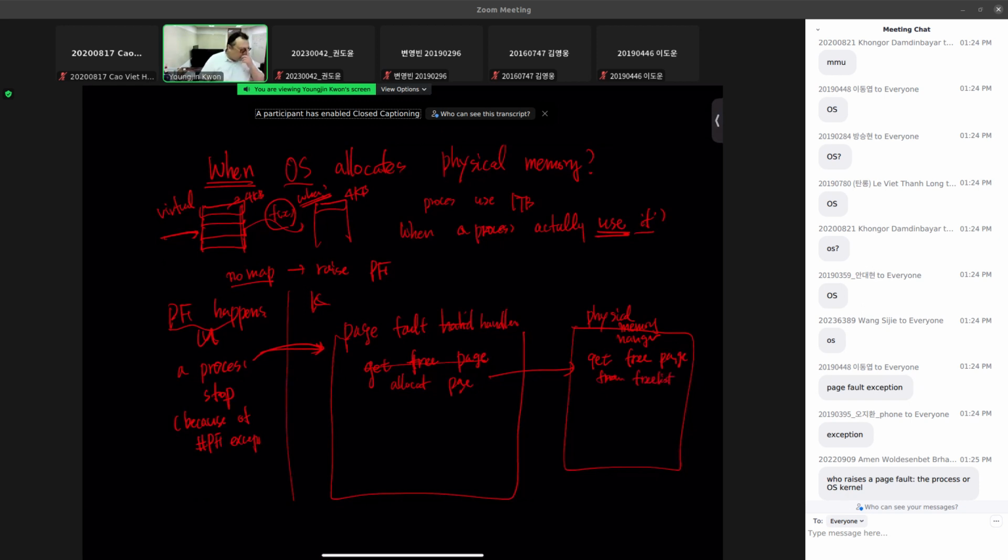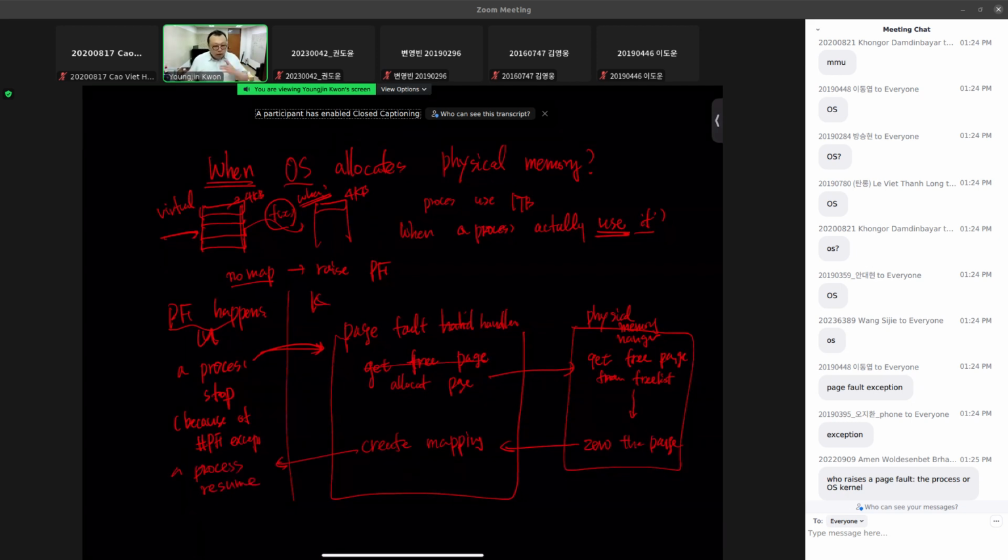Typically Windows and Linux implement this as a free linked list. Then it zeroes the page and gives it to the page fault handler. The page fault handler creates the mapping. Then the process resumes.